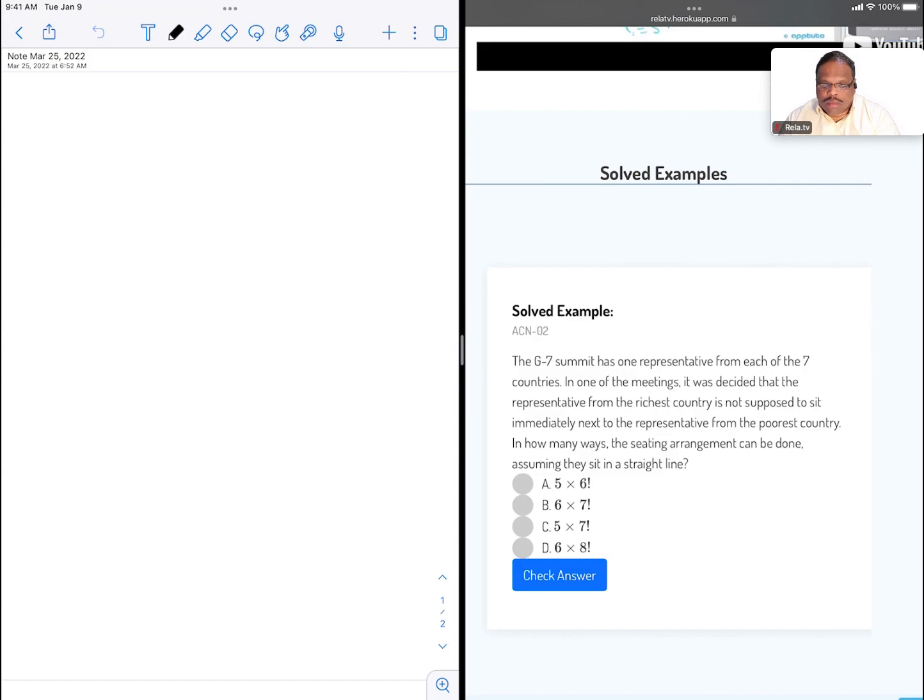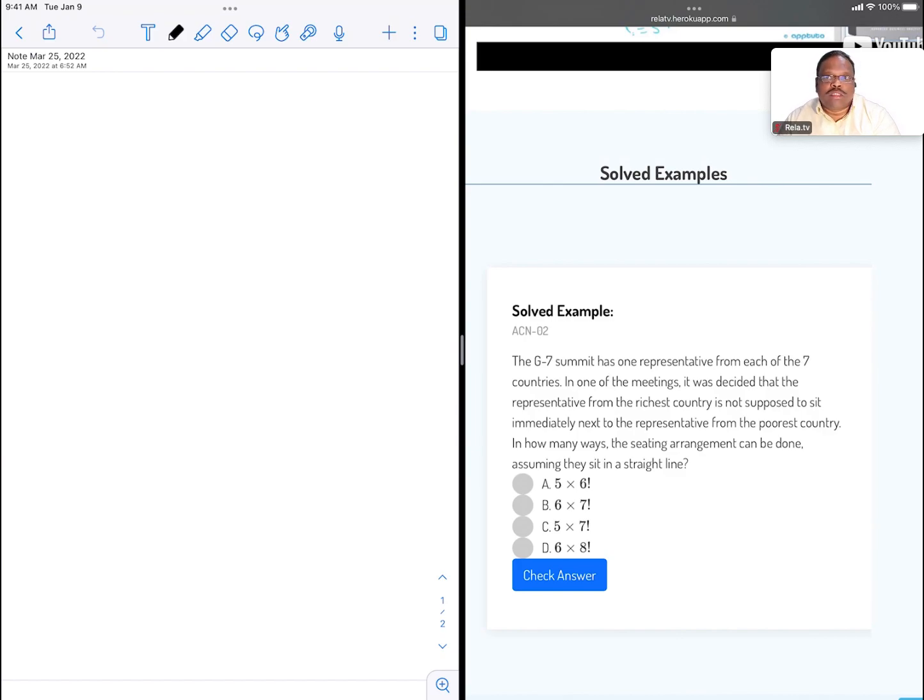There are several ways, but first of all, let's see the key terms here. They sit in a straight line. So whatever I'm going to discuss right now belongs to linear arrangement, as opposed to most of the times when these representatives actually sit around a circular table.